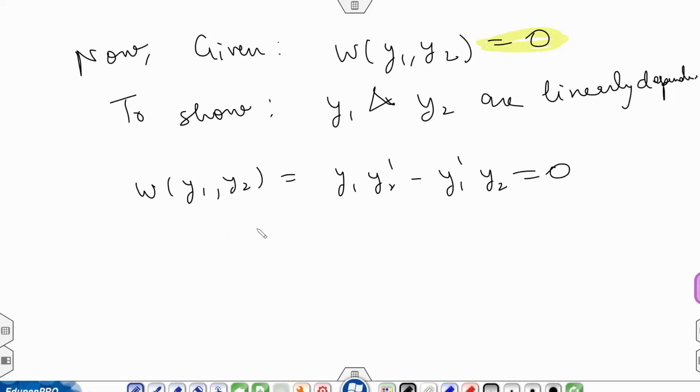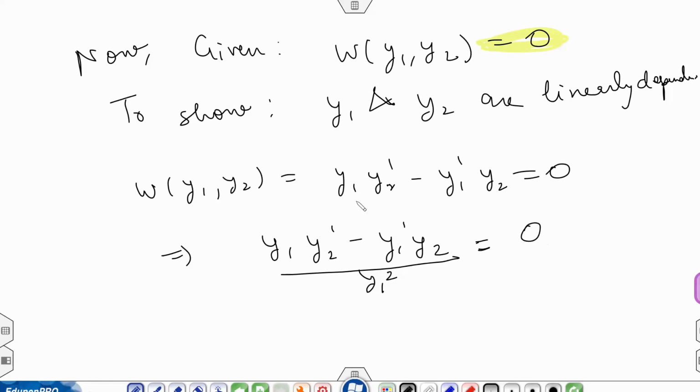Now I can divide this equation by y1 square, because y1 and y2 are both non-zero. We have considered y1 and y2 non-zero, and if I divide both sides by y1 square, this will give me d of y2 divided by y1 is equal to 0.